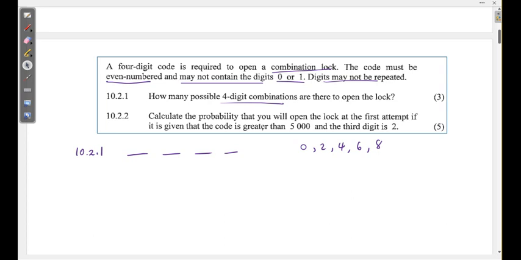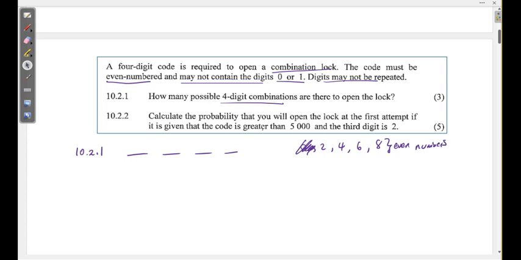But they said they may not contain 0, so we're gonna remove that. So we have 2, 4, 6, 8, right? They must be even numbered. So let's understand one thing, good people. These are the even numbers that we have.